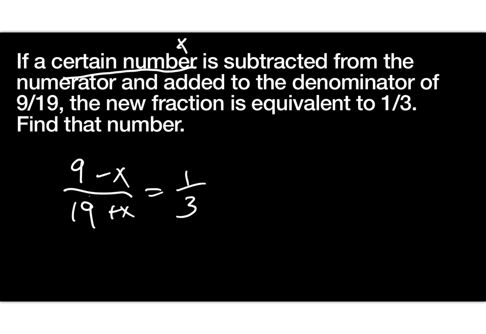Back in the day, if you would have had something like that, how would you have solved that? If you had y over 12 equals 1 over 100, how would you have solved that?